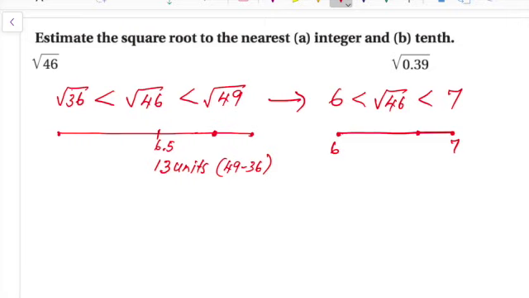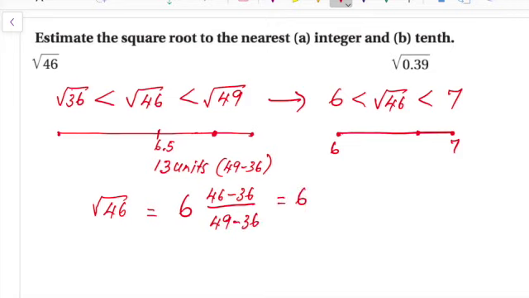You already know the whole number part is going to be 6. The square root of 46 is 6 and 46 minus 36 over 49 minus 36. So that will be 6 and 10 over 13.